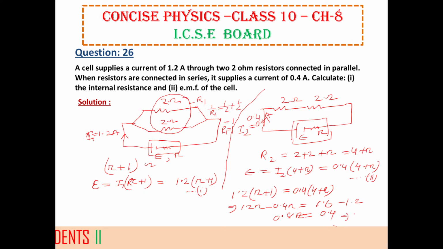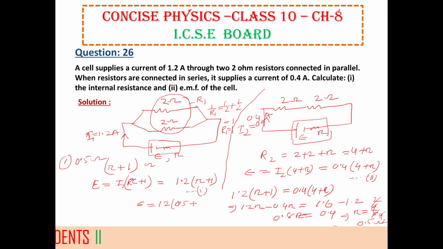On further simplification, r equals 4 by 8, that is 0.5 ohm. So the answer for question number 1, the internal resistance, is 0.5 ohm.